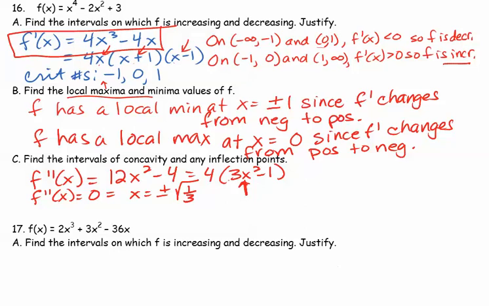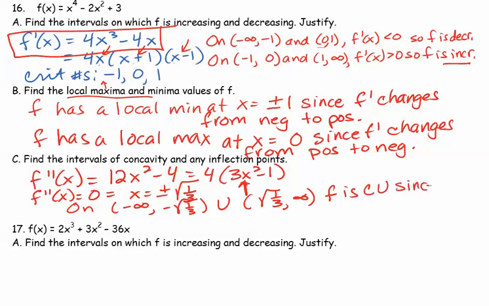So we know what's happening on the intervals here. So we could say on -infinity to negative square root of 1/3, and we could use a union symbol, or you could say and. On the interval from square root of 1/3 to infinity, f is concave up, since f double prime of x is greater than 0, and that leaves the interval between them.